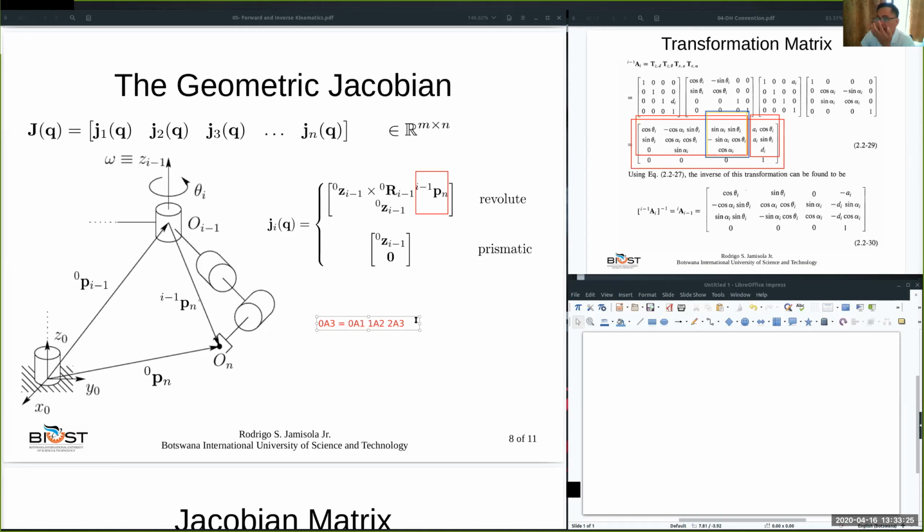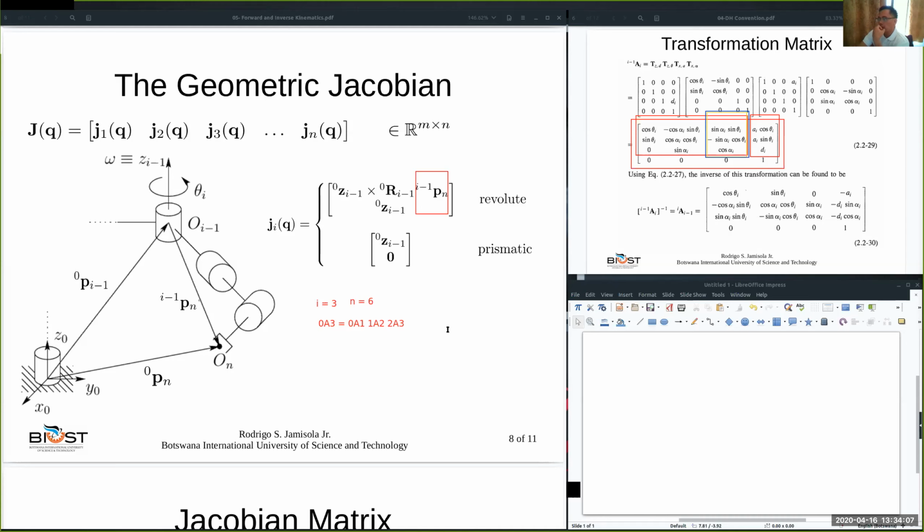And maybe I'm looking at your third joint. We're looking at i equal to 3, for example. And so if i is equal to 3, let's say, for example, you say n is equal to 6. If you have n equal to 6 and i equal to 3, okay, so how to solve this?